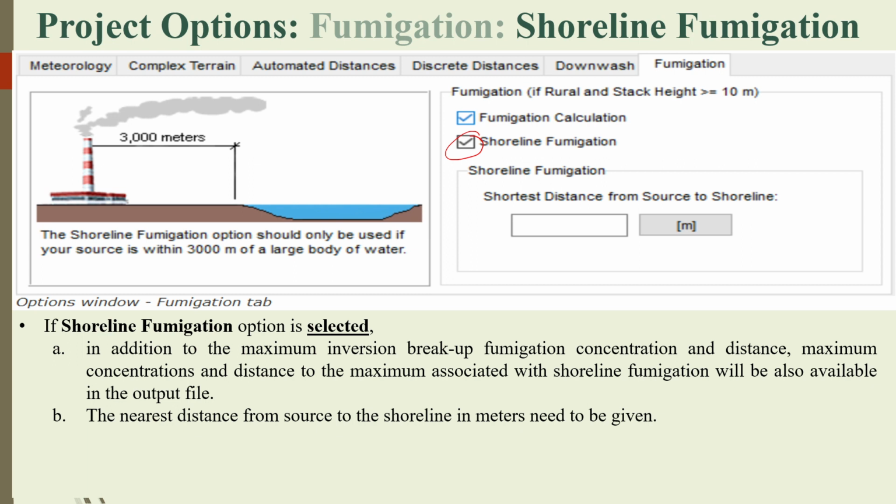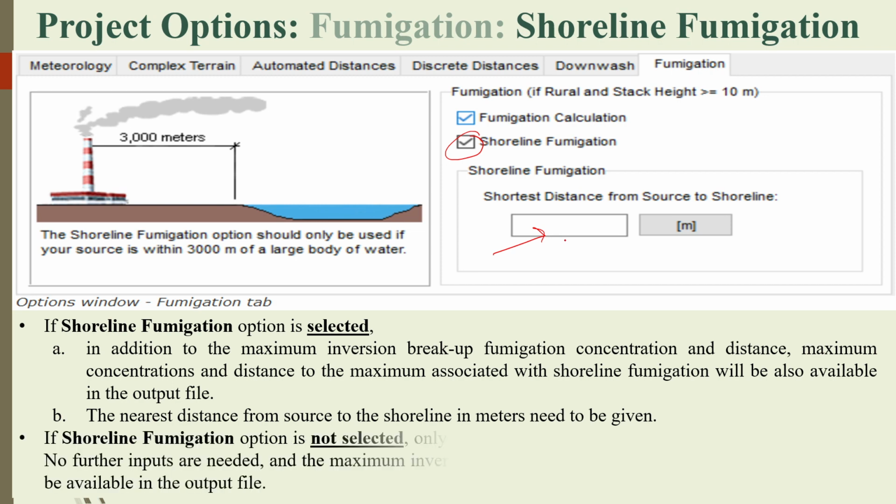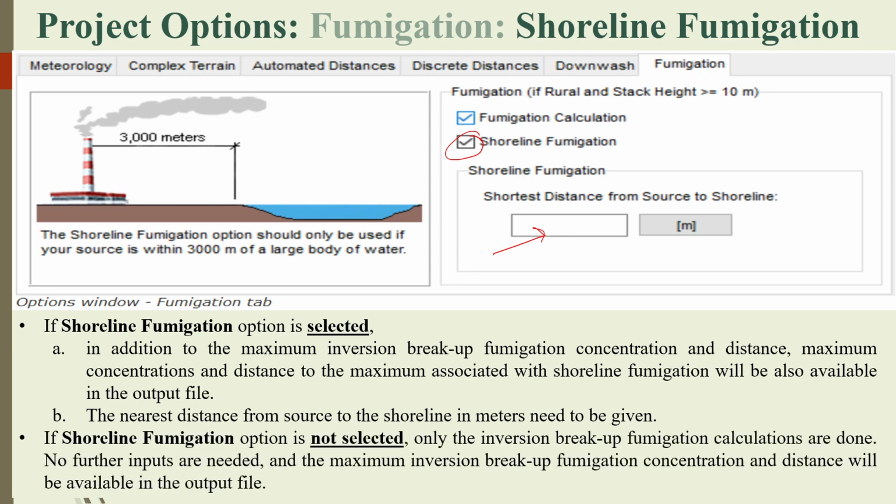The nearest distance from the shore to the shoreline in meters is to be given. If the shoreline fumigation option is not selected, only the inversion breakup fumigation calculations are done. No further inputs are needed, and the maximum inversion breakup fumigation concentration and distance will be available in the output file.